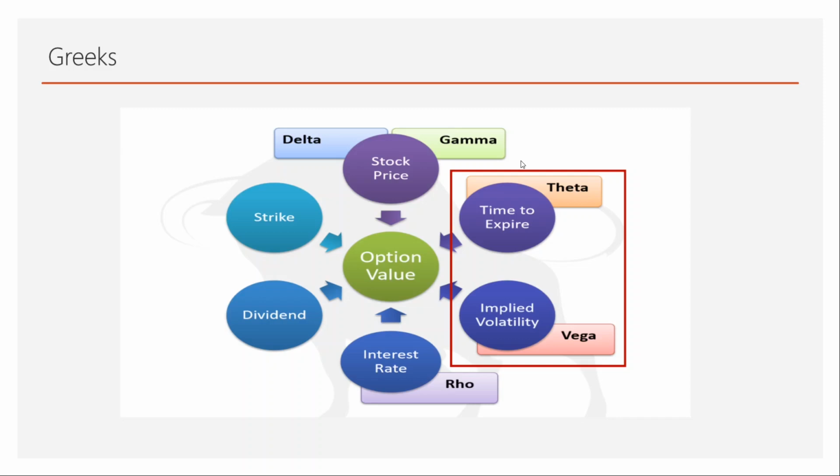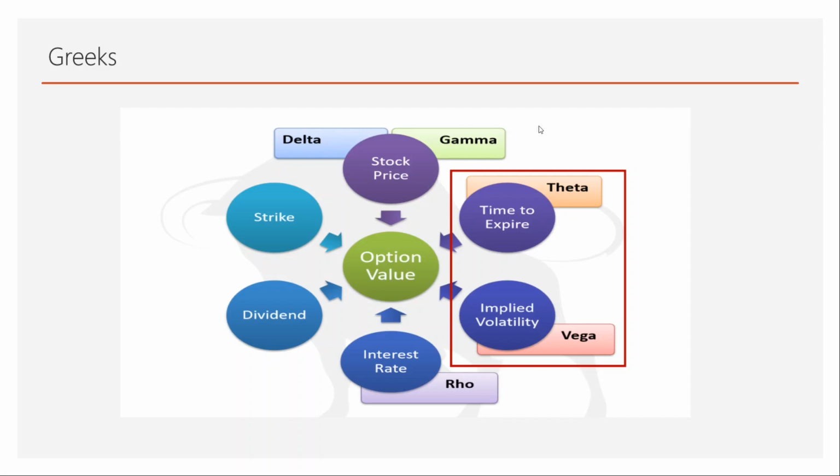Last time I gave you an analogy, right? If there is a long string and I pull the central part of the string, where will there be more vibration? The central part, of course, right? At the extreme ends, there will be no vibration or very little vibration. That's what gamma is. Gamma tells what will be the acceleration or momentum of delta.